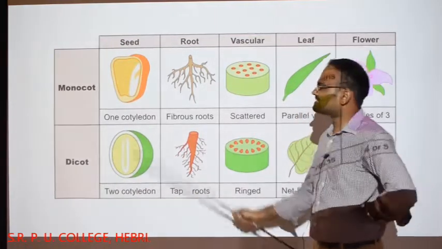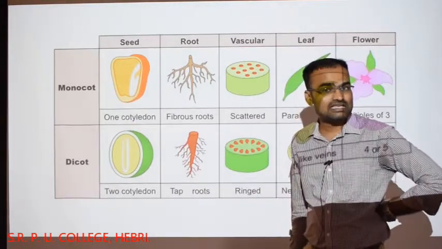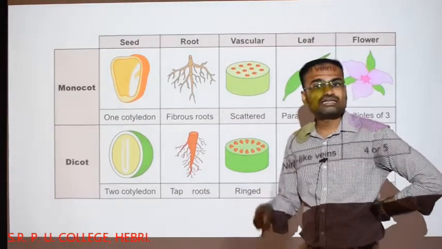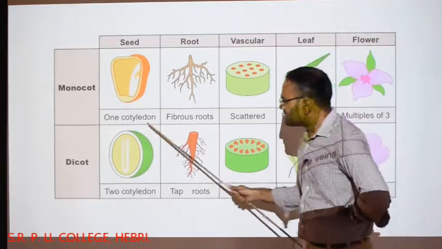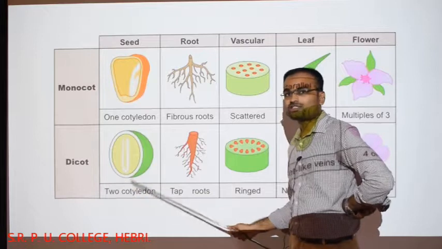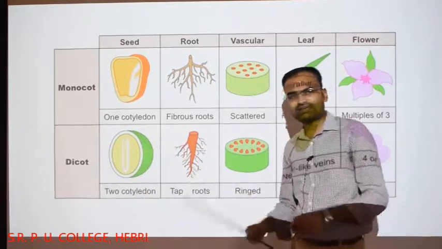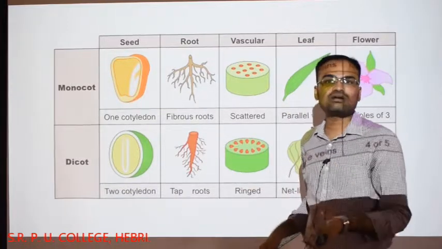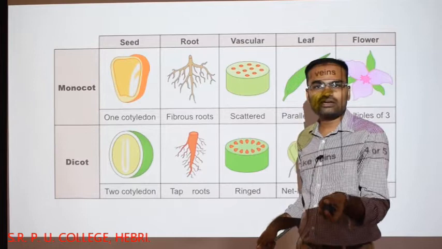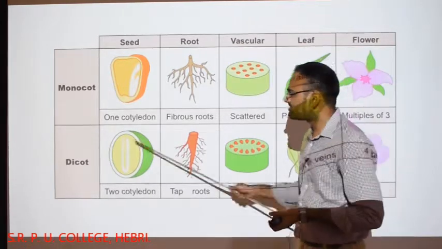The best examples for monocot seeds are maize, jowar, rice, wheat. In a dicot seed, we observe 2 cotyledons. That means we can easily break that dicot seed into 2 equal halves, like green gram, Bengal gram, groundnut, mango seed. Those are all dicot seeds.